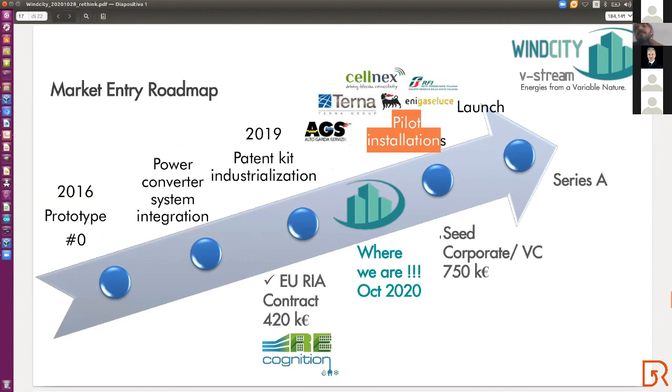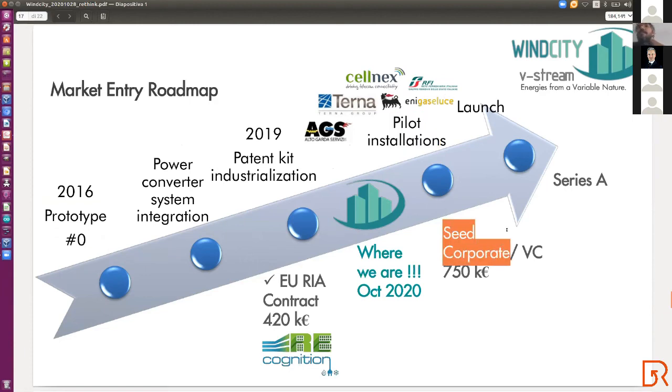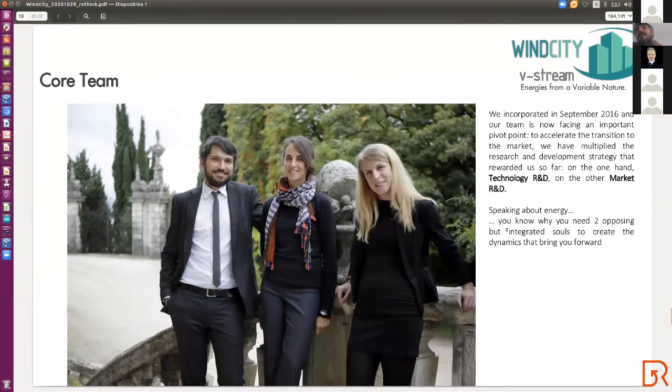And so we are looking for a seed corporate period. And our team is facing an important pivot point to accelerate the transition to the market. We have multiplied the research and development strategy, and we switched it. We have not only technological R&D, but also market R&D now, because we need to have two opposing but integrated souls to create dynamics that bring us forward.